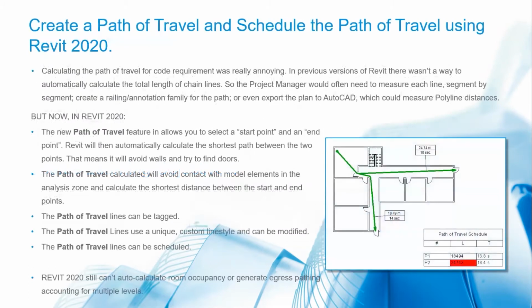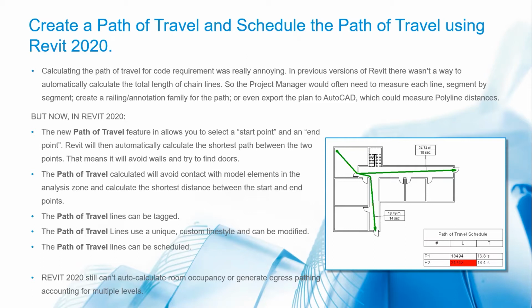So to start off, we're going to talk about creating a path of travel and scheduling that path of travel in 2020. It allows you to select a start point and an end point. I don't know how many of you have used this new tool yet, but it's pretty cool: you click once, click twice, and it makes a path.